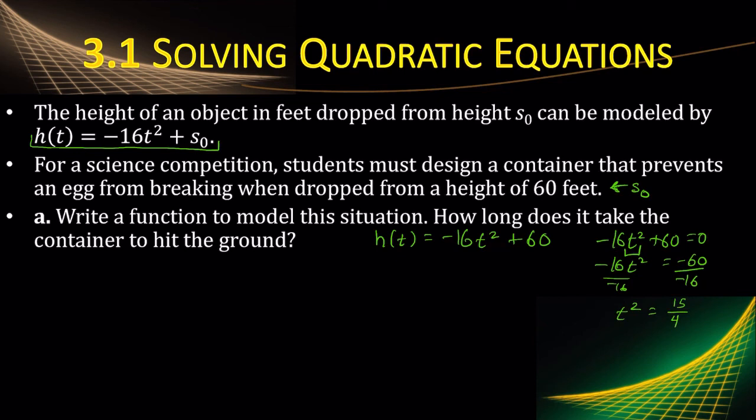Which gives me 15/4. And then square root. Don't forget the plus and minus. Now, since this is a word problem, we'll take a decimal approximation, and we're not going backwards in time, so we only want the positive. So it's about 1.9 seconds to hit the ground.